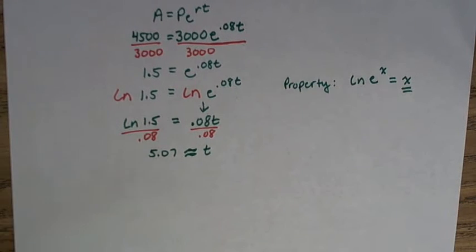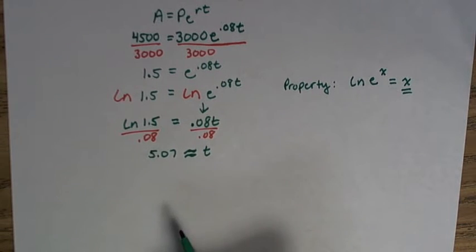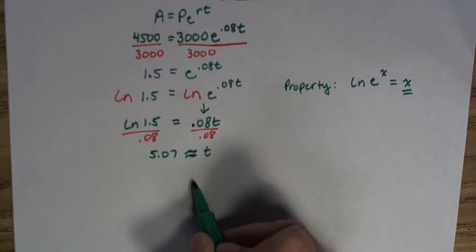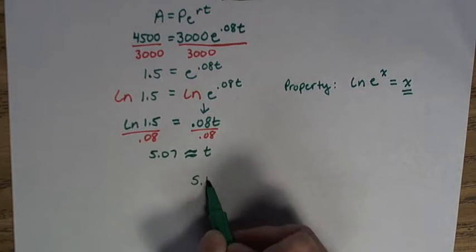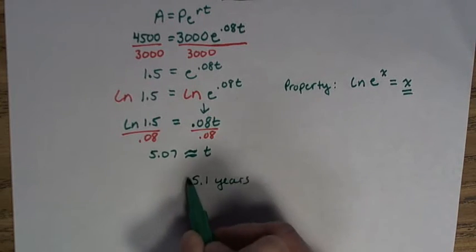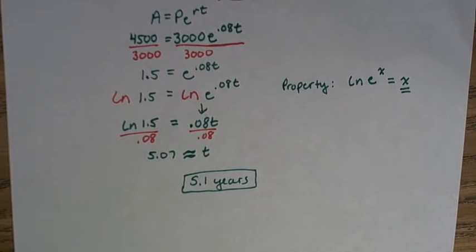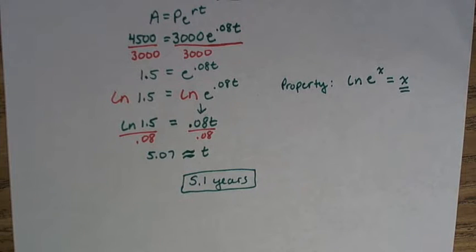However, if we were going to round this to the nearest tenth, notice that this would also be 5.1 years. So there's not a major difference between these two, but I think you can see if we had gone for a longer length of time, you would have a very big difference between the two.